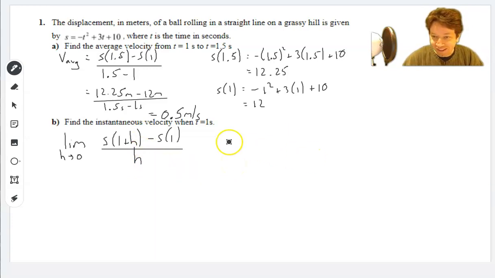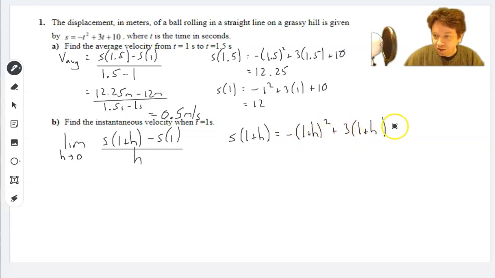So why don't we just go to the side here and figure out what s at 1 plus h actually is. So if we substitute this into our function up here, we get minus 1 plus h squared plus 3 times 1 plus h plus 10. Okay, so now we just need to expand. So that's a perfect square.